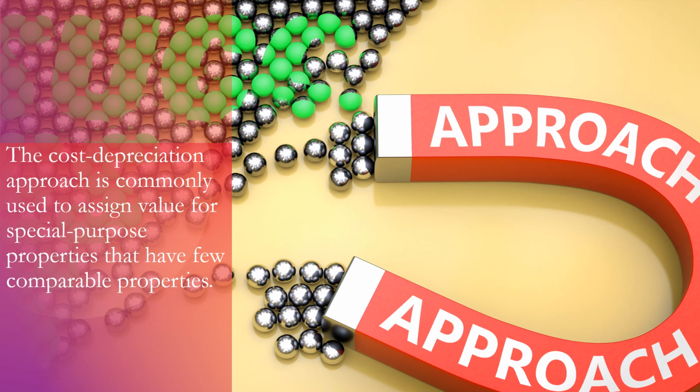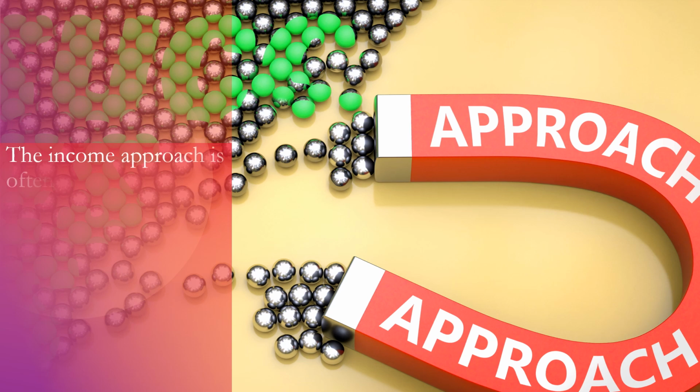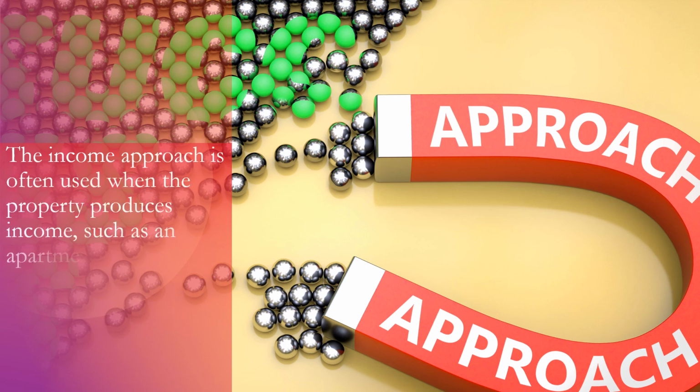It is commonly used to assign value for special purpose properties that have fewer comparable properties. The income approach is often used when the property produces income, such as with an apartment complex.